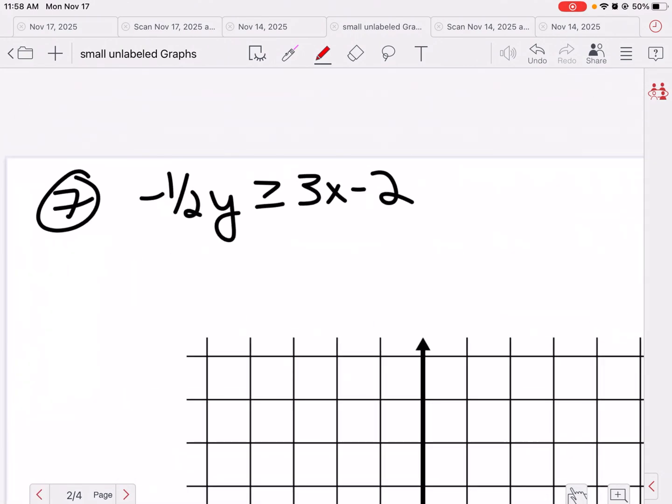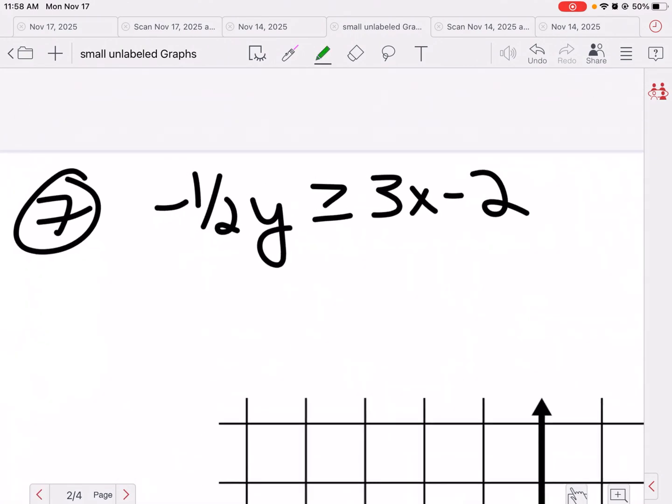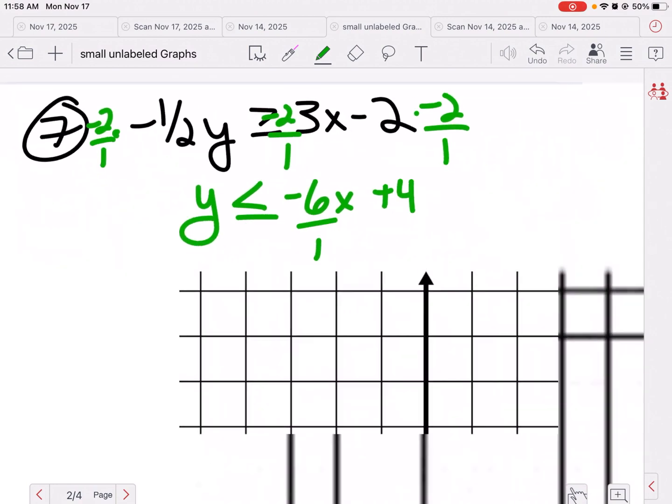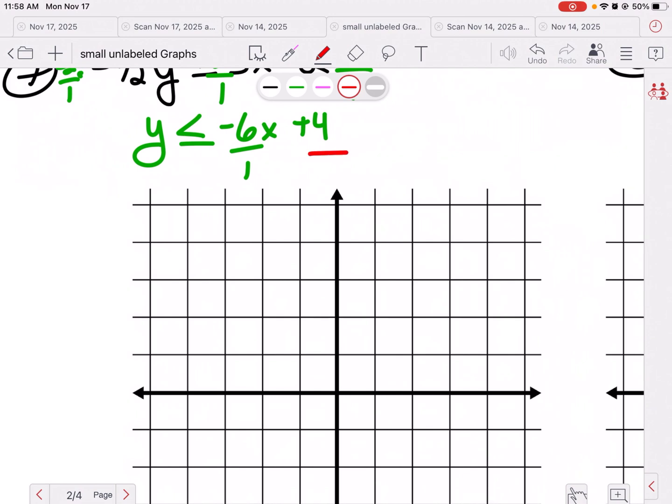Moving right along. Again, I'm going to multiply every piece by the reciprocal, so this would be multiplied by -2 over 1. So I'm going to get y is less than, because I'm multiplying both sides by a negative, -6x plus 4. Again, we can put that over 1 if that's helpful. I'm going to plot my y-intercept, which is at +4, and then we're going to go down 6, 2, 4, 5, 6 over 1.